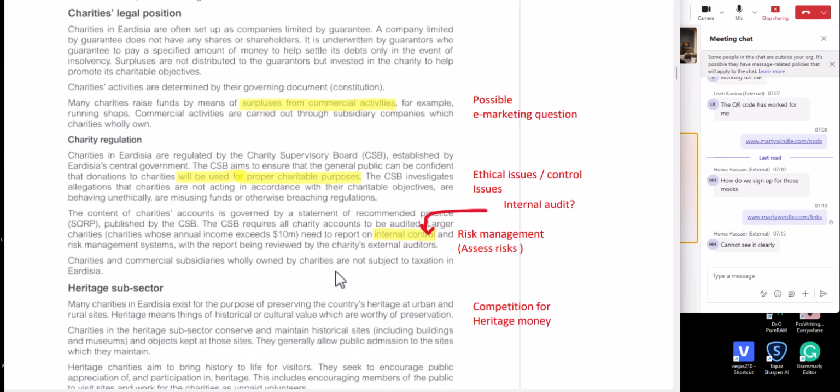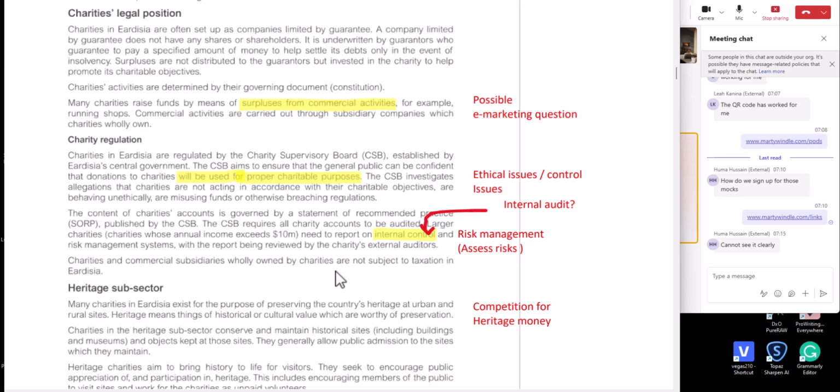The aim of the charity is to ensure the general public can be confident that donations are used for proper charitable purposes. The CSB will investigate allegations that charities are not acting in accordance with charity objectives. So there's a big ethics thing in charities where money could be misused. It's very common that we see money being misused in charities.